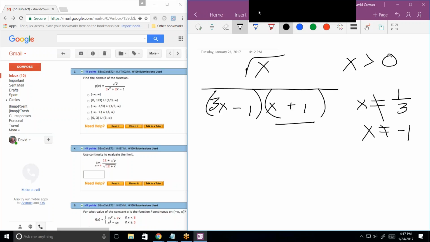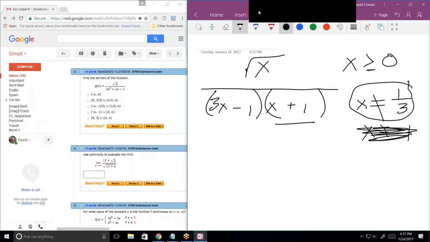x can be all real numbers except it cannot be 1/3, and it cannot be any negative. In other words, I can erase that. This covers all of the negatives. It's got to be greater than or equal to 0. Excuse me, it could be 0. You can take the square root of 0. You just can't divide by 0, and you can't take the square root of negative numbers.